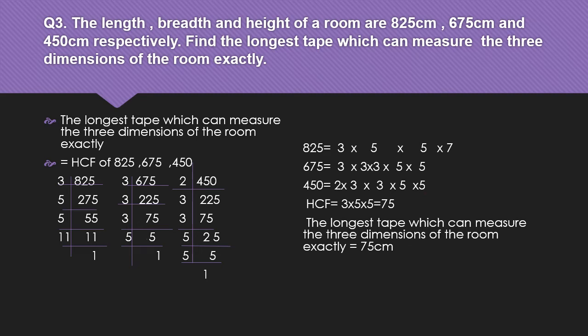Now circle the common factors of 825, 675 and 450.